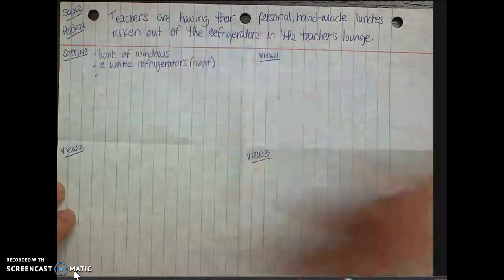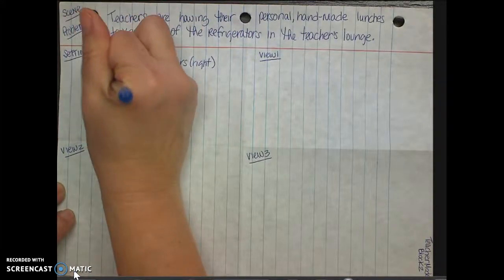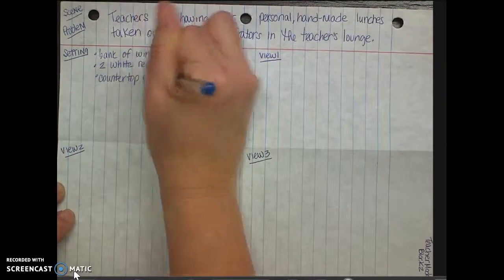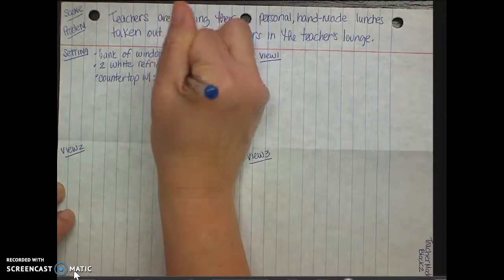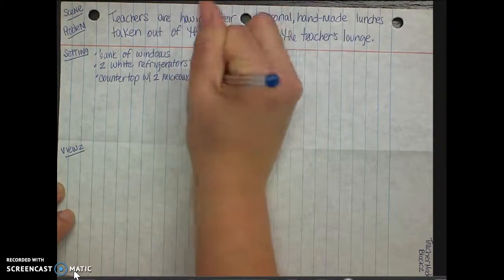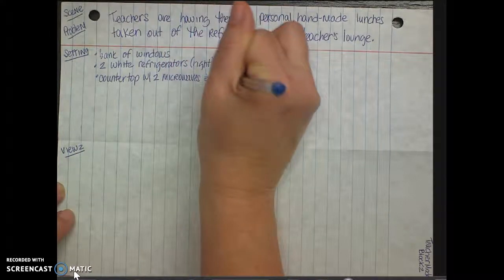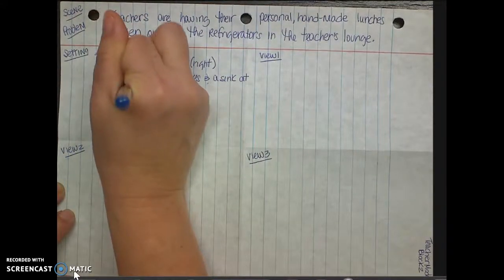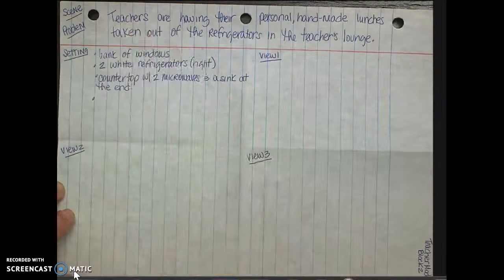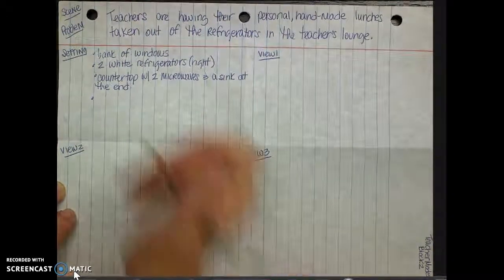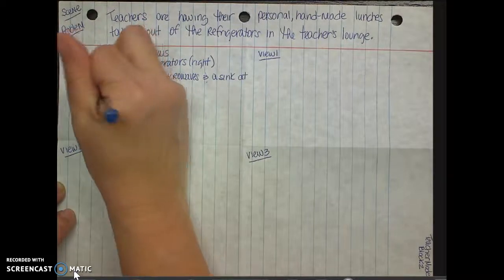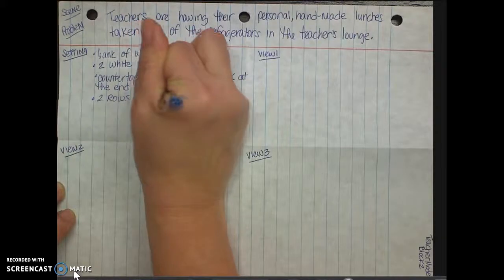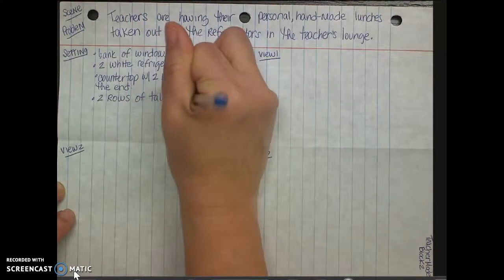There's a countertop with two microwaves and a sink at the end. When you walk in, there's 2 rows of tables that the teachers can sit at. There's chairs that are pushed in.